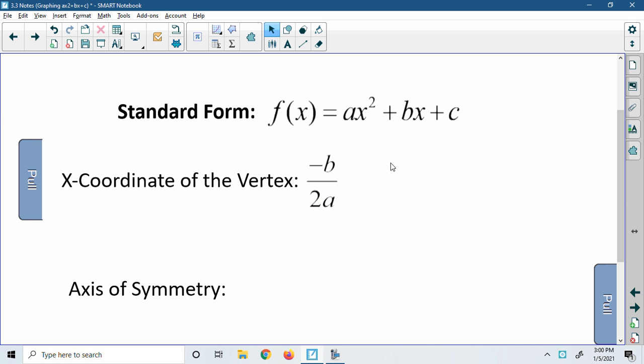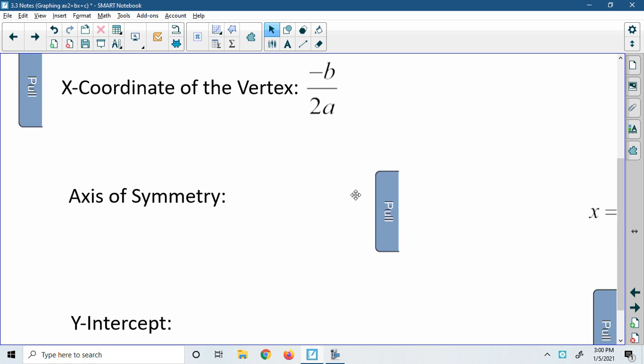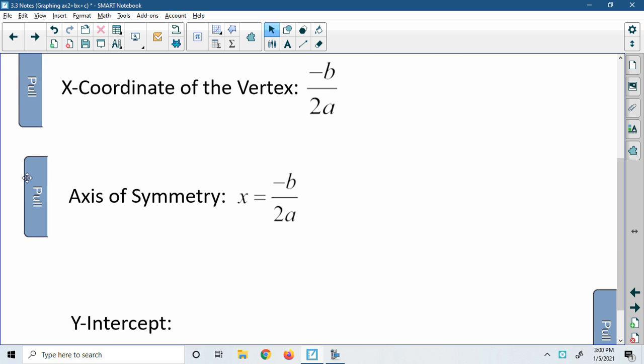That'll give you the x-coordinate of the vertex of that parabola. The axis of symmetry will be the line x equals, and then, oh, look at this. It's very similar because the axis of symmetry has to go right through the vertex. So it'll be the line x equals negative b over 2a.